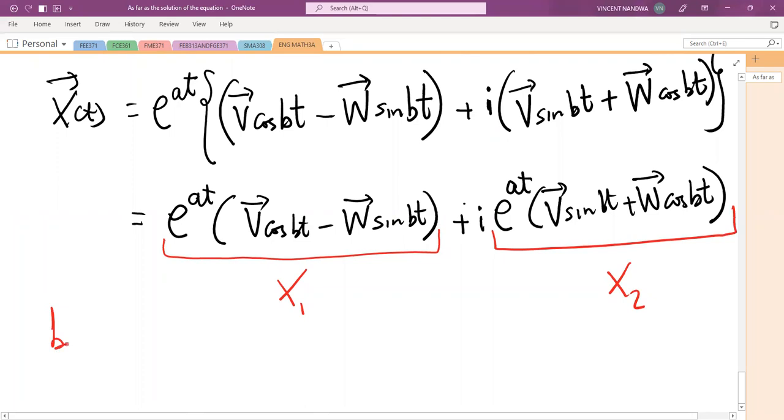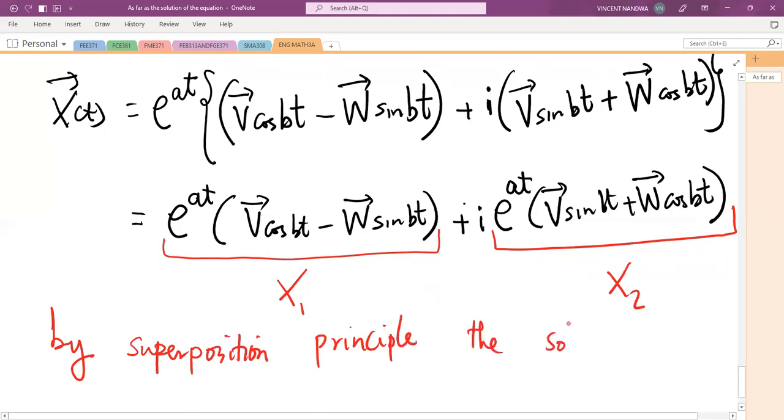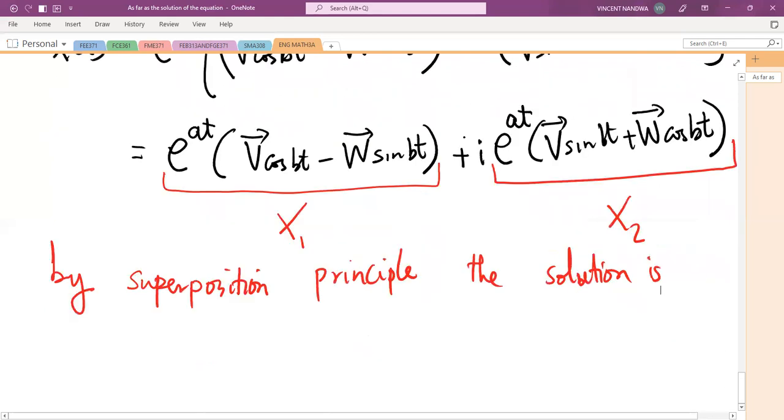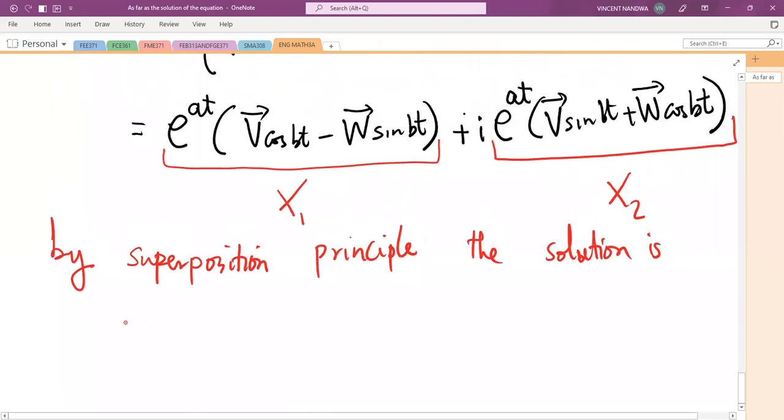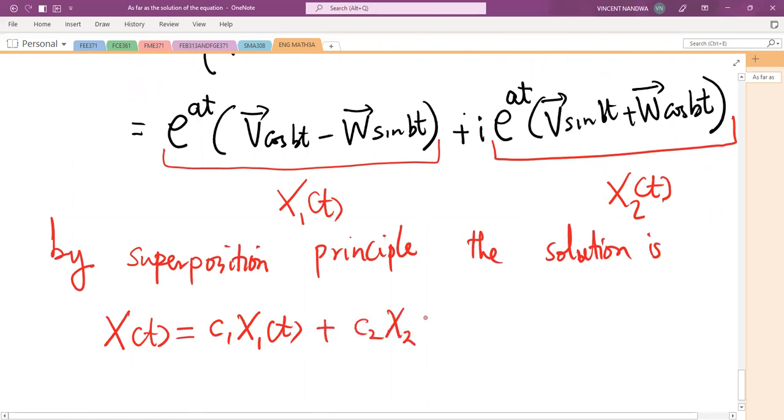So by the superposition principle, the solution x of t will be given by c1 x1 of t plus c2 x2 of t, since there are two of them.